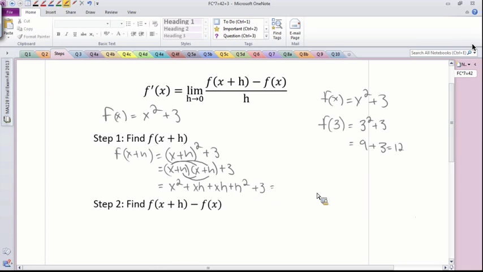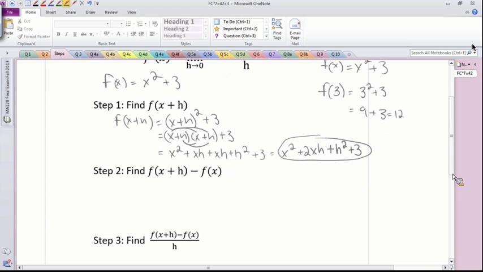I'll combine the like terms, so altogether it would be x squared plus 2hx, yeah, xh, plus 3. So that's our f of x plus h. I'll circle it so it's clear. So that's equal to f of x plus h. That's our first step.